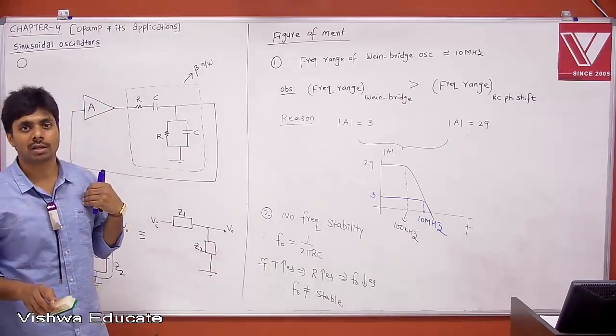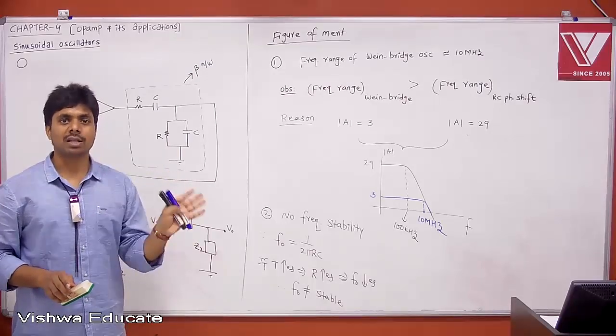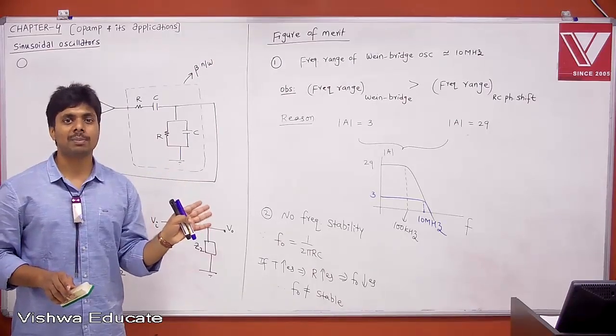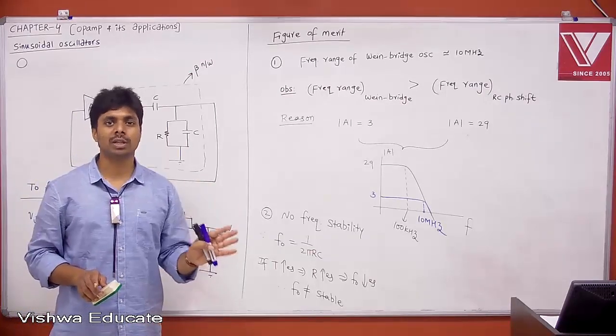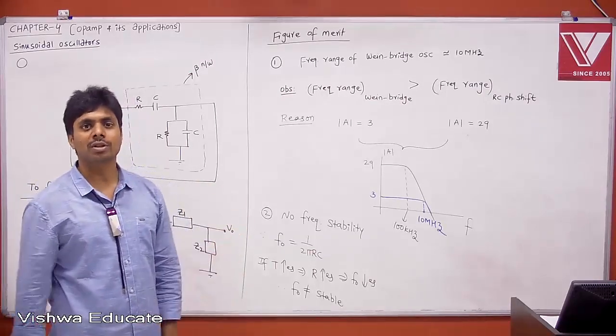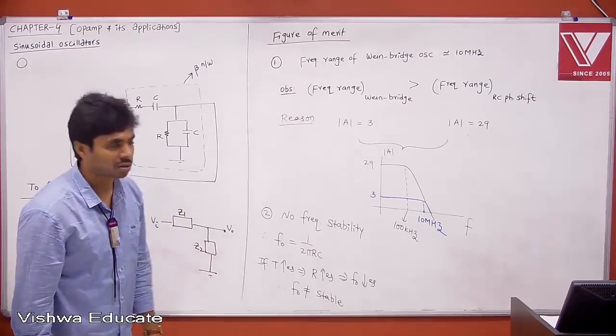That is what we need to consider. Not only op-amp, any amplifier has output impedance. Even though it is a voltage amplifier, it does not have zero resistance. It will definitely have 1 ohm, 2 ohm, 3 ohm or less than 10 ohm. That is what we need to consider, and then we need to analyze the circuits. Okay?